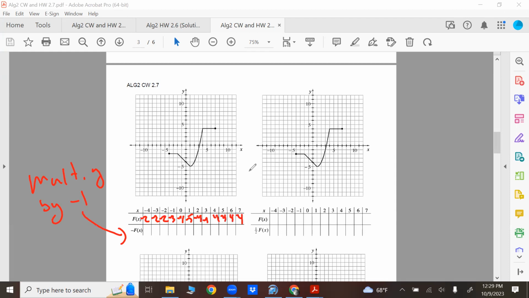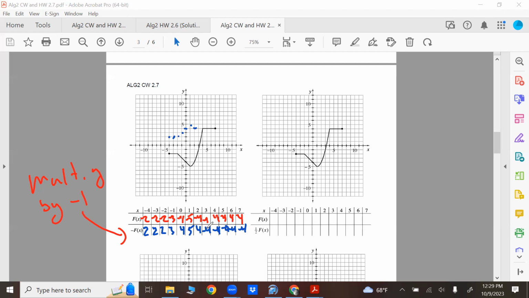Okay. So what's going to happen next? If you put a negative out front, how do I change the y values again? Right, so now they all become positive, and those that are positive are now negative. So 2, 2, 2, 2, then 3, then 4, then 5, and then 4, then +1.